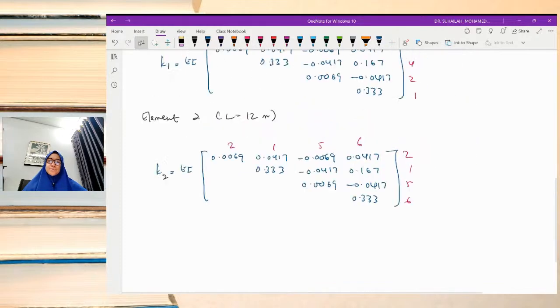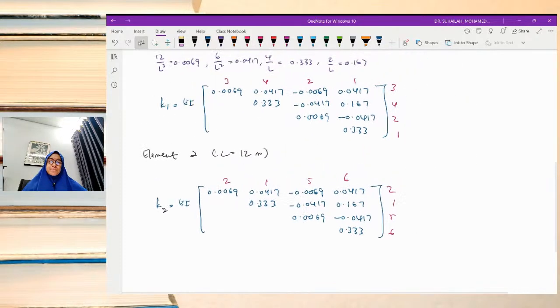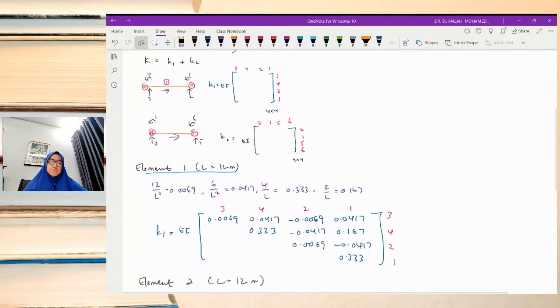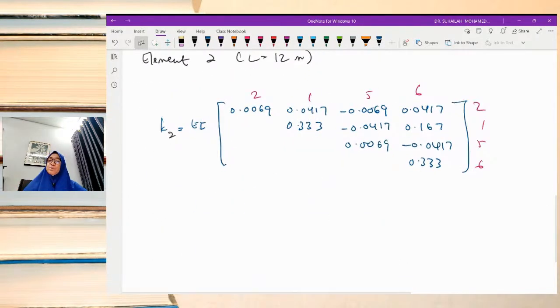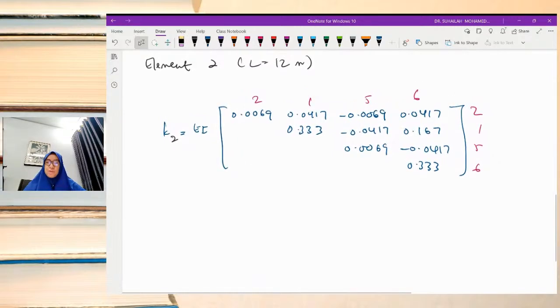Okay, now we solve for equivalent element nodal forces Q1 and Q2 naught.